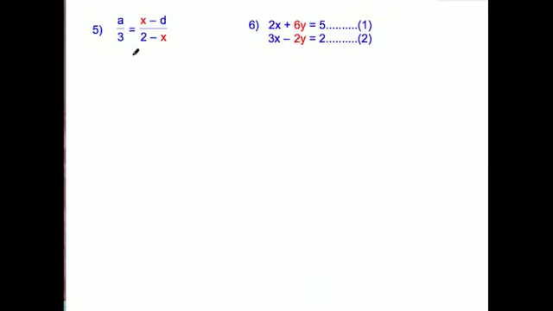In question 5, we need to make x the subject of the formula. Since there are two subjects, we need to create only one.